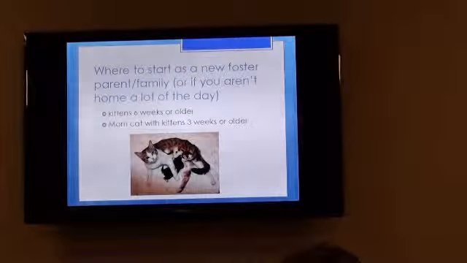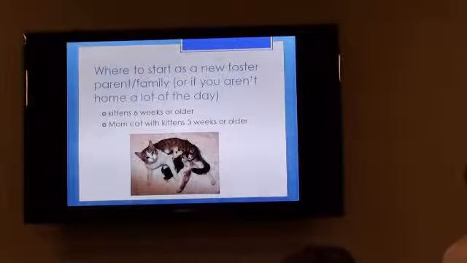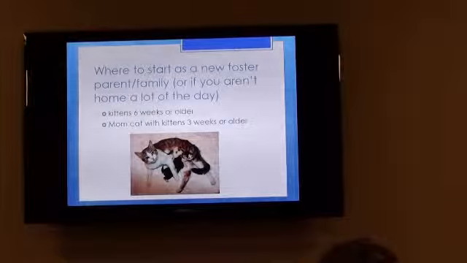And then the other ones are mom cats with kittens that are 3 weeks or older, because mama does all the work. She literally cleans up after them when they pee and poo, and they learn from her how to use the litter box at around 4 to 5 weeks or so. She does all the feeding, so you don't have to mess with feeding them, just her.